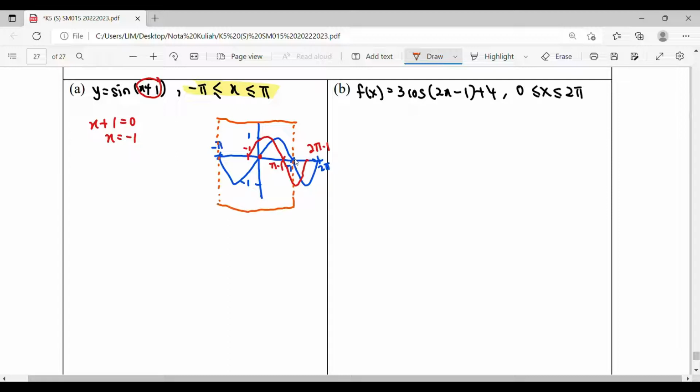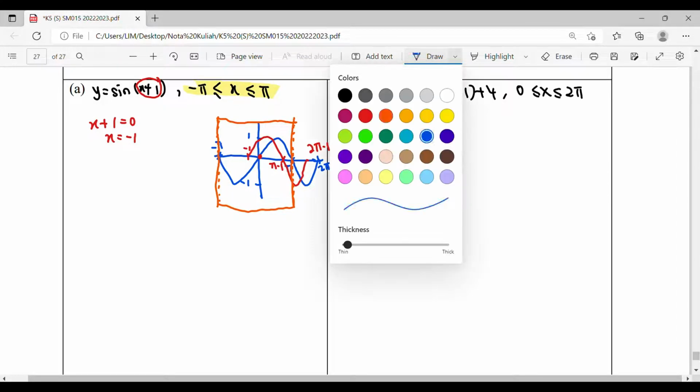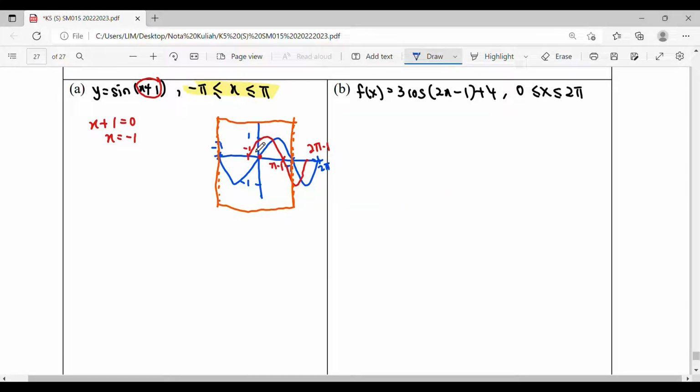The rest of it, more than that, we don't need to show. After understanding the amplitude, the starting x value, and the domain we need to show, we can start drawing.